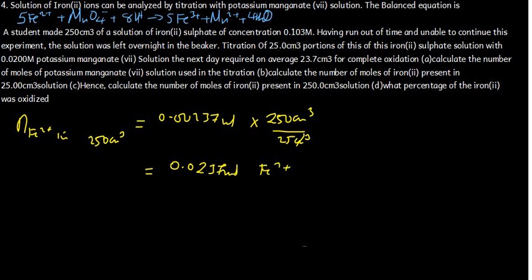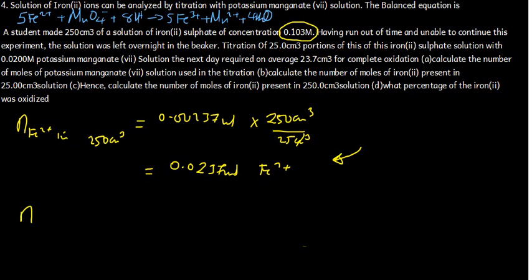Okay, now the other question asked, what percentage of the iron was oxidized? Now, remember, initially we are given this concentration of iron. Did everything get oxidized? So to tell if they did or not, first let's convert these moles that we have into concentration so that we can compare with the concentration that we are given.